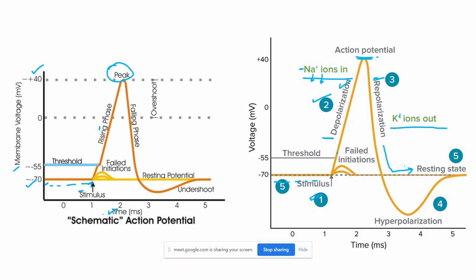Okay. Now there is another state which is called hyperpolarization. So what is hyperpolarization? In hyperpolarization, some of your potassium channels will remain open. Once it has reached this resting stage, the potassium ion channels should close, right?